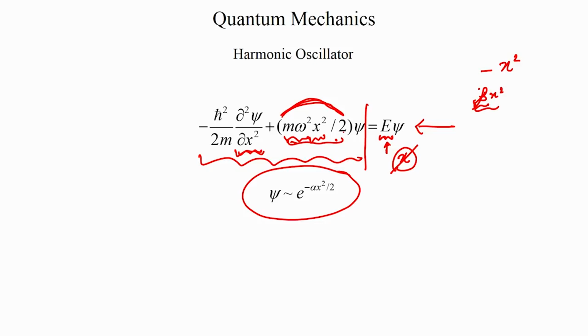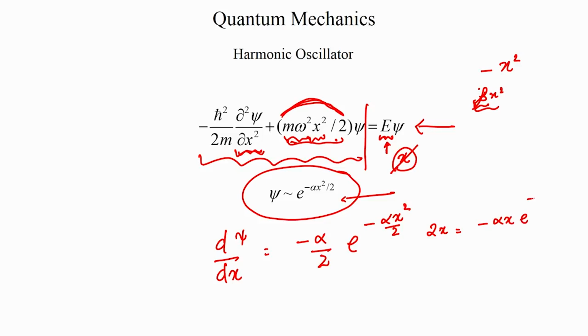So the idea is to eliminate x square from this picture, and this seems to be a good guess for that, because what is d psi by dx? d psi by dx is minus alpha by 2 e to the power minus alpha x square by 2, and then you take the derivative of the x square term, which is 2x. So this is nothing but minus alpha x e to the power minus alpha x square by 2.